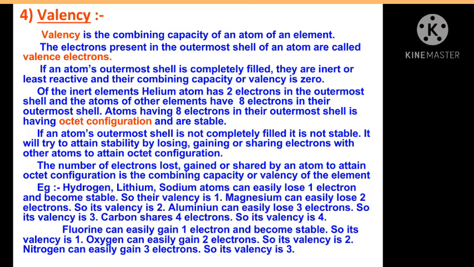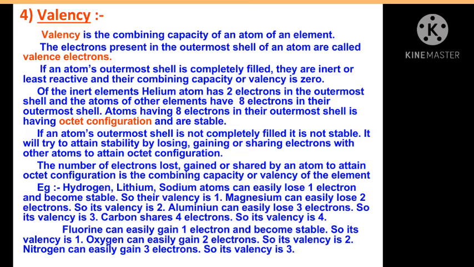From the Bohr-Bury scheme, we also know that the outermost shell of an atom can accommodate a maximum of 8 electrons. It was observed that the atoms of elements having a completely filled outermost shell show little chemical activity. In other words, their combining capacity or valency is zero.